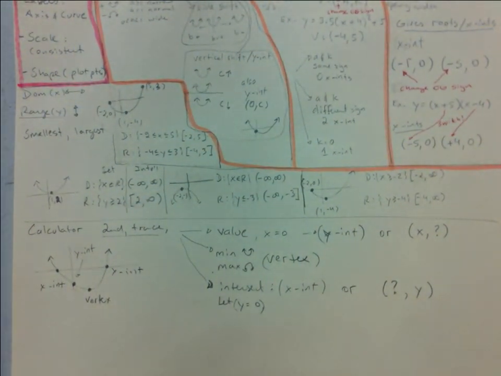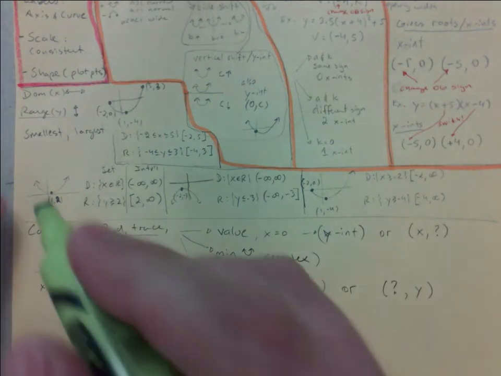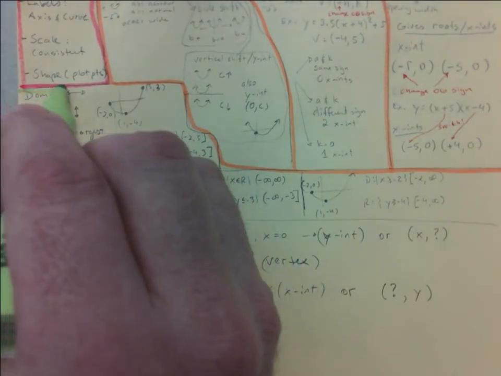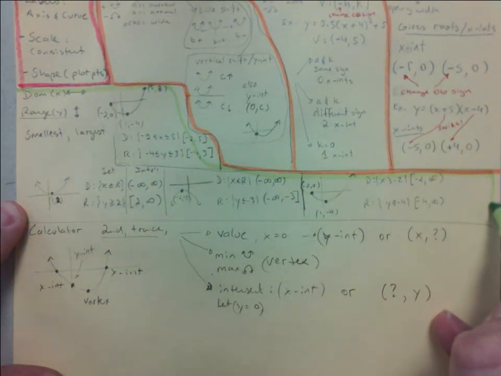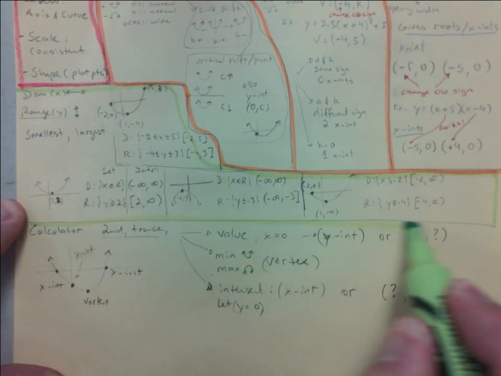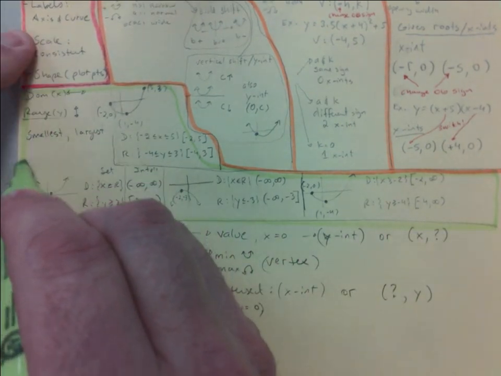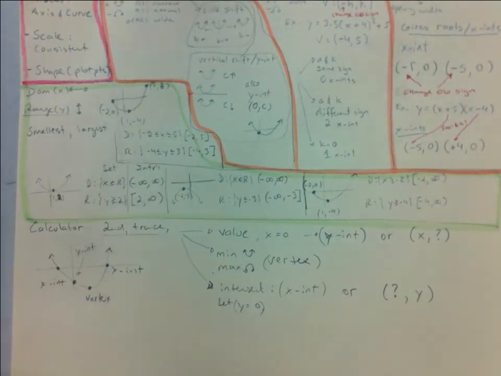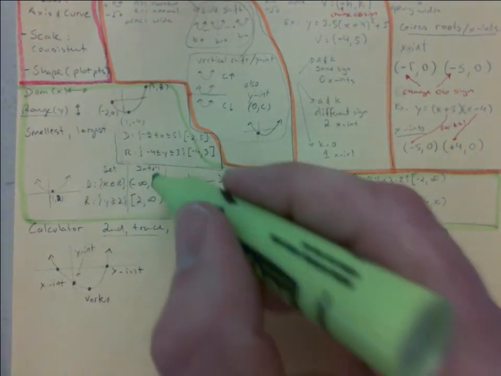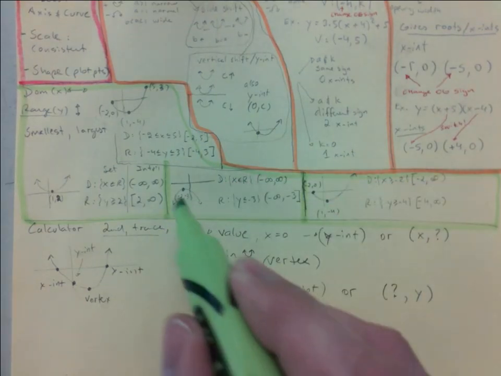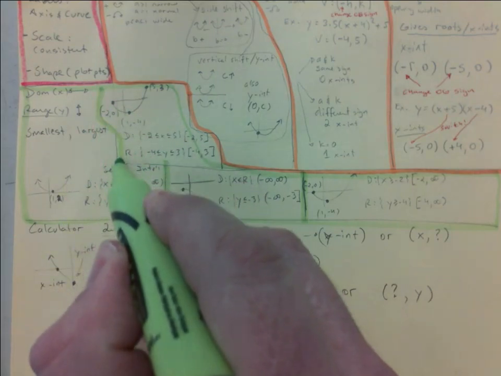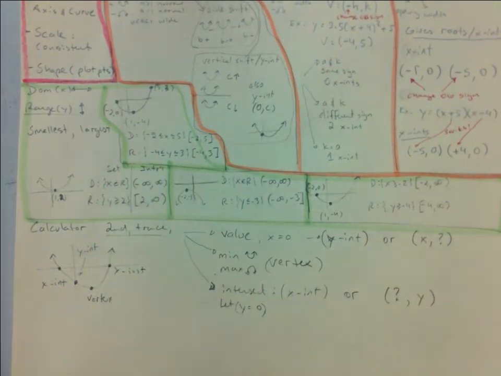Next, the area that I think is important is domain and range. This region right here talks about domain and range. If you notice, I have scenarios here. It's a little messy, I know. I'm not too proud of this one.